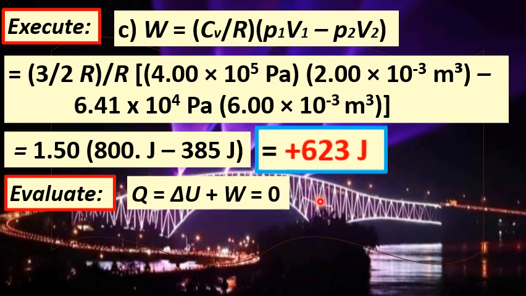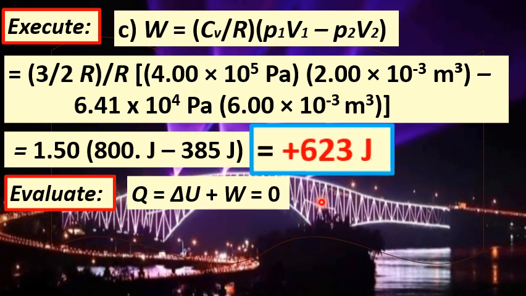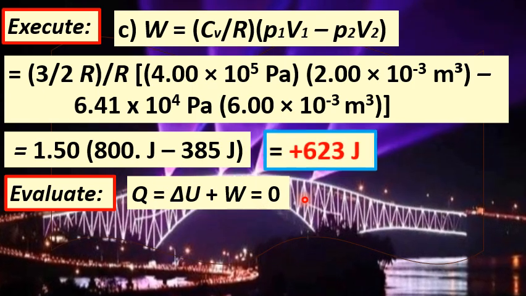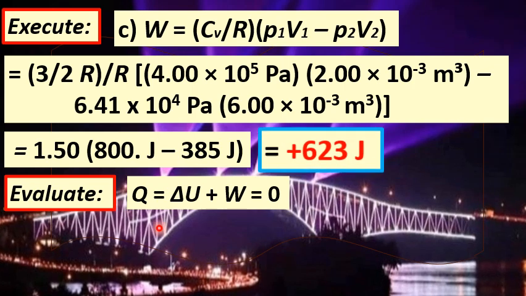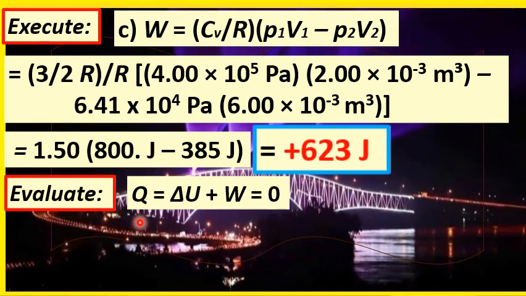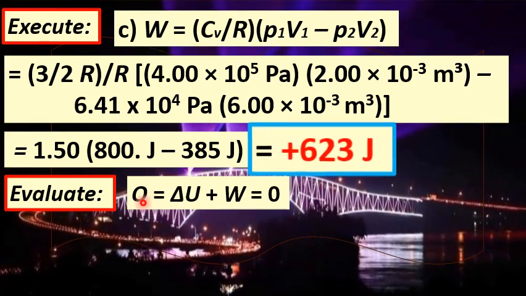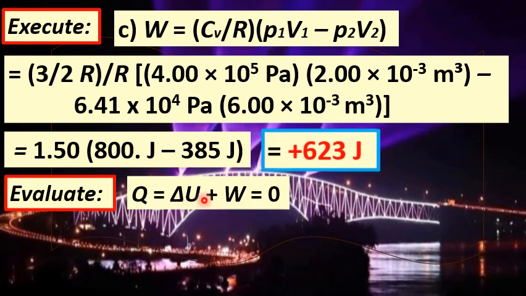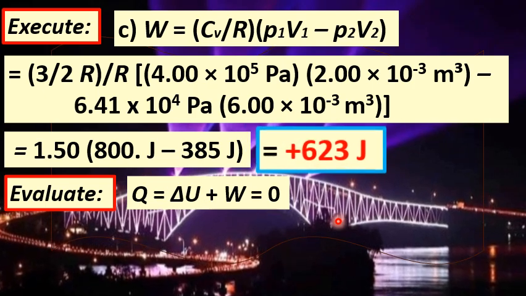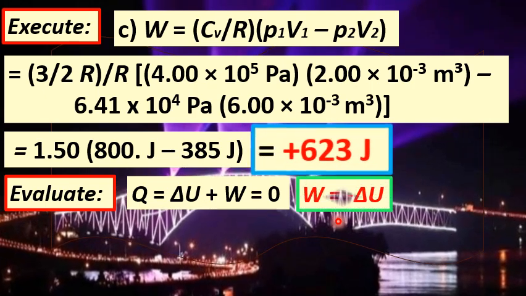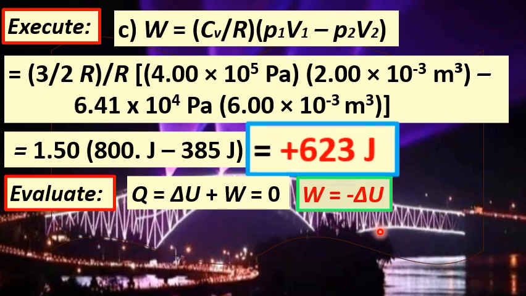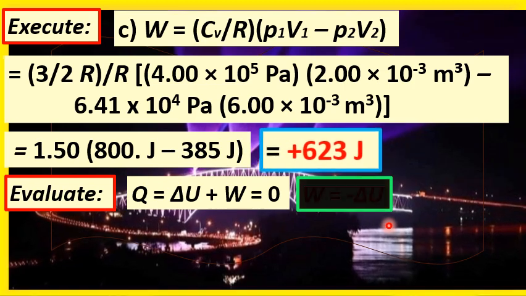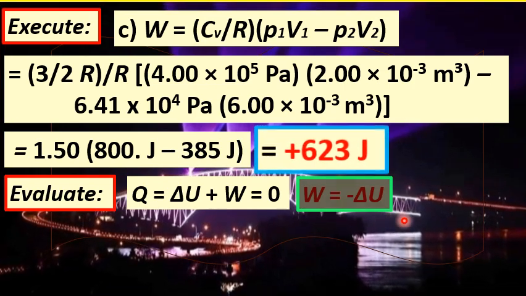And since the process is an adiabatic expansion of the gas, where the amount of heat transfer or heat flow, capital Q, is equal to 0, transposing delta U and W, we can say that the work done is equal to the negative of the change in the internal energy delta U.